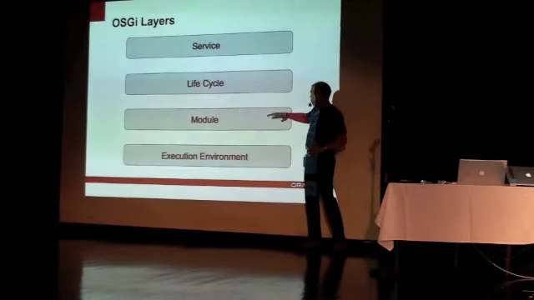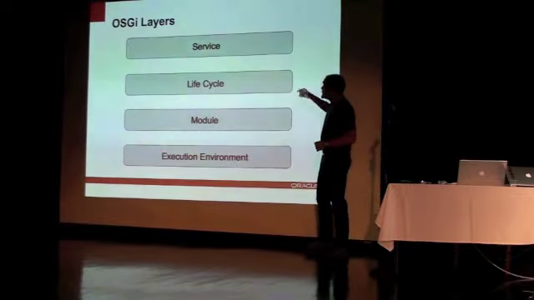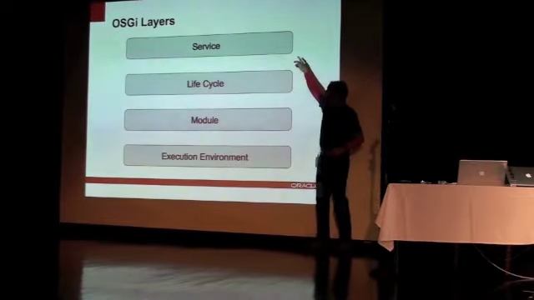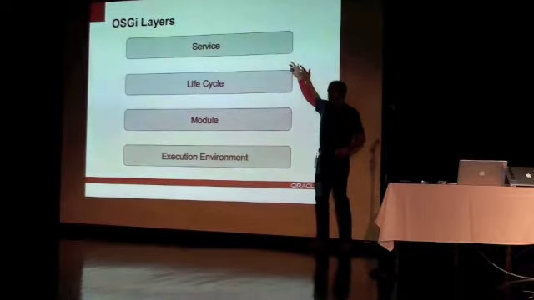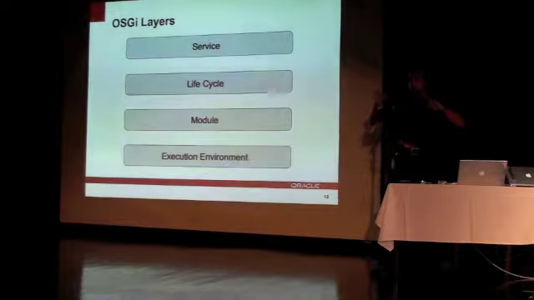Each OSGi bundle or module, I'm going to use that term synonymously, has a certain life cycle. The bundle is starting, the bundle is stopping, and so on and so forth. And each bundle can expose multiple services. Services is a very well-known concept in OSGi land, and we'll talk about how we use those services in the Java EE context.